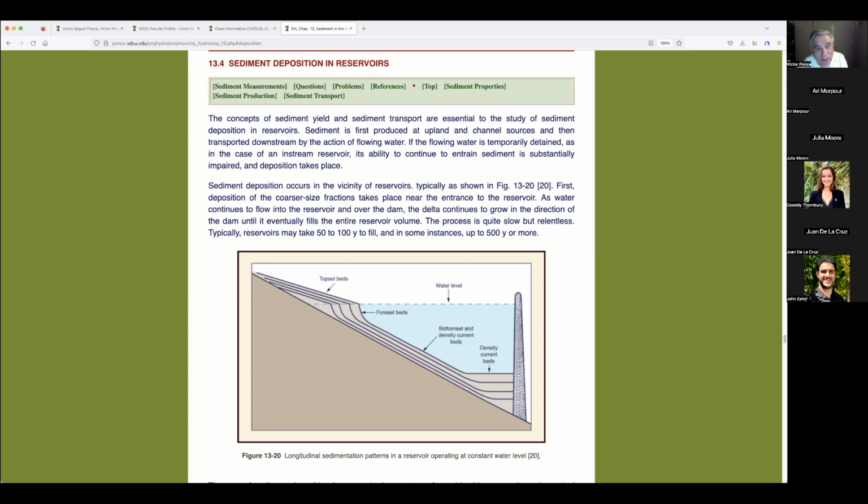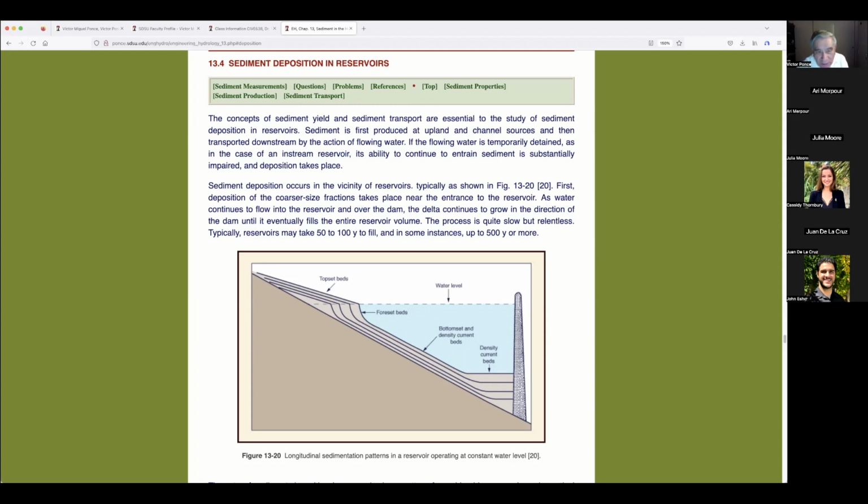So concepts of sediment yield and sediment transport are essential to the study of sediment deposition. Sediment is first produced at upland and channel sources and then transported downstream by the action of flowing water. If the flowing water is temporarily detained, as in the case of an in-stream reservoir, its ability to continue to entrain sediment is substantially impaired and deposition takes place.